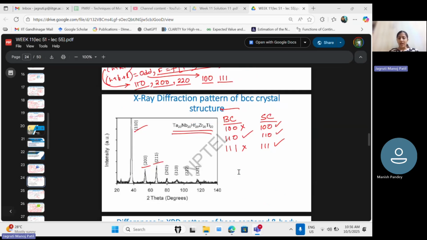So then if you have a BCC crystal structure, if you follow for it, this is based on the elements that you're trying to see over here. Okay, so let's see how it goes. So there are different ones. So 110, then you have this 200. So you see these relationships, 211. I don't know how many numbers they are considering there, but you have also 321 in that case. How do you write these?